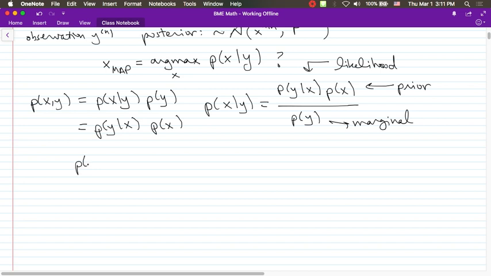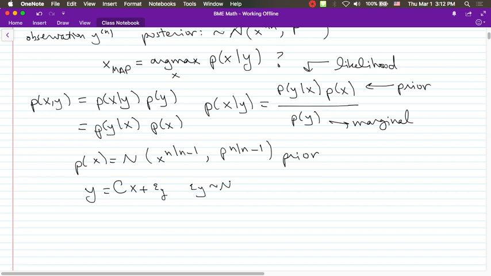We had a prior, which we called p of x. It was normally distributed with some mean x of n minus 1 and some uncertainty P of n minus 1. That was our prior. If that's our prior, we make an observation y, which is equal to Cx plus epsilon y, where epsilon y is normally distributed with mean 0 and variance R. And so the expected value of y is C times x of n minus 1.